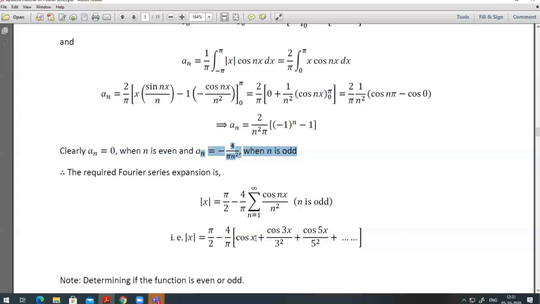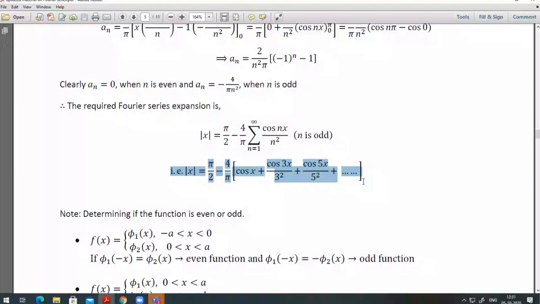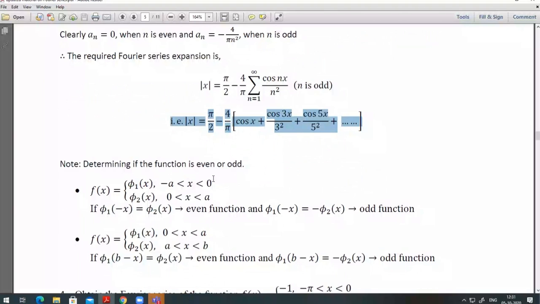So this is the second example for Fourier series expansion. Now we have a simple definition for verifying an odd and even function when the function is piecewise.